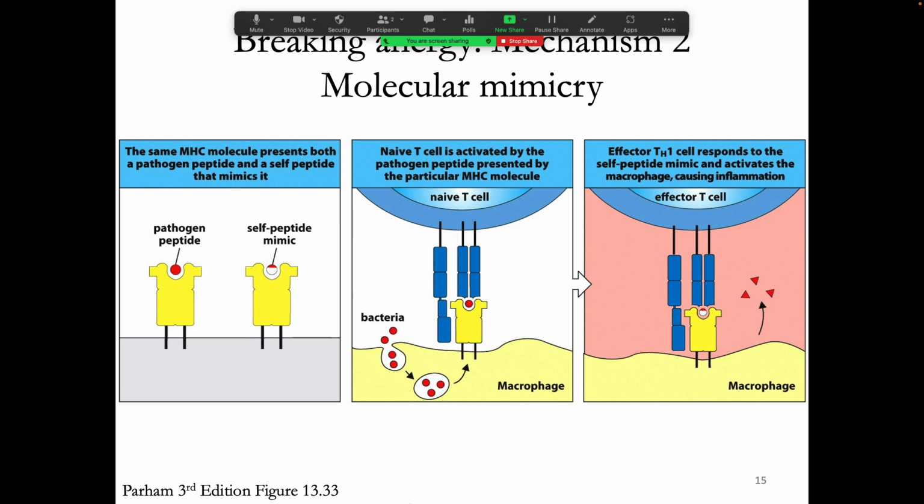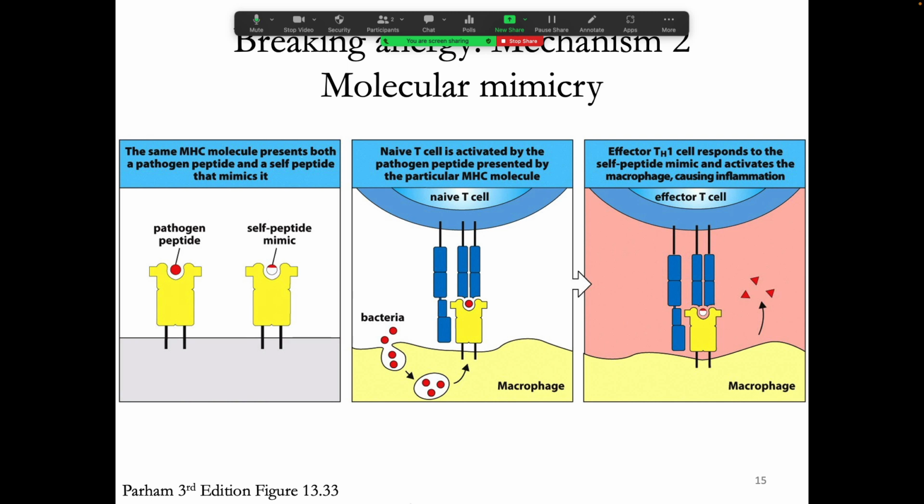And yes, there's no signal 2, but we don't need signal 2 anymore. And so now that effector cell is going to kill the self cell and start to cause autoimmunity. And so this is sort of a fancy way of thinking about cross-reactivity.